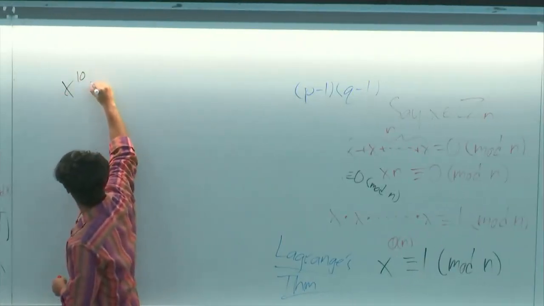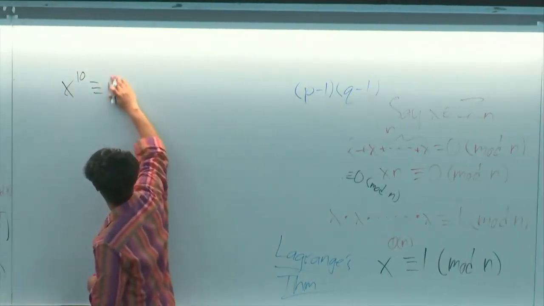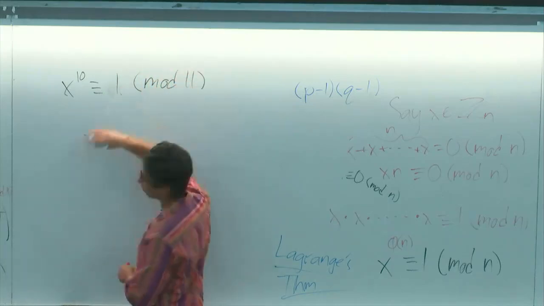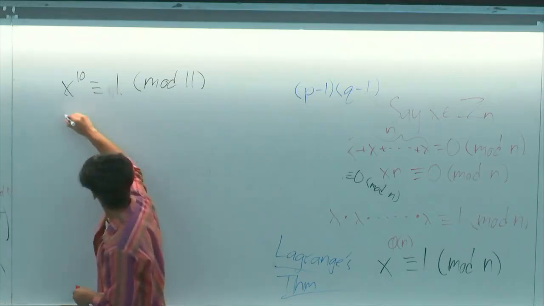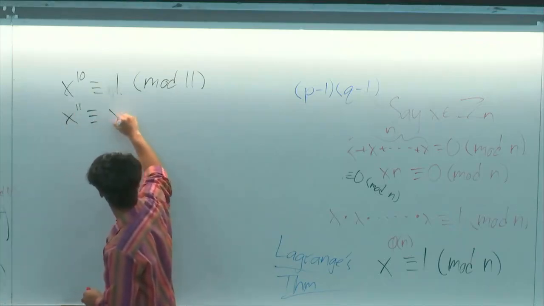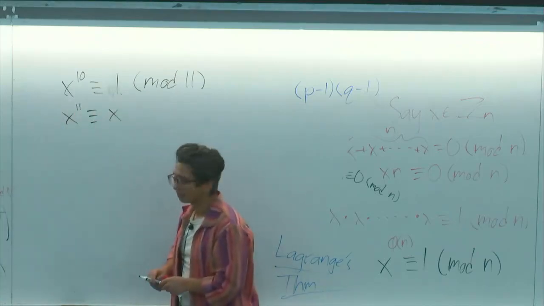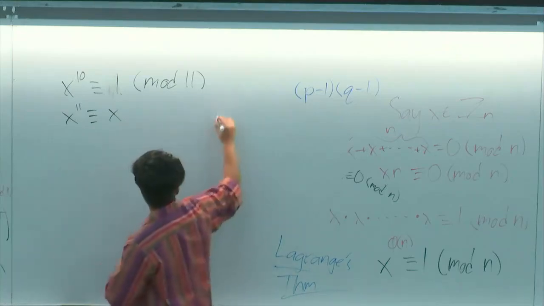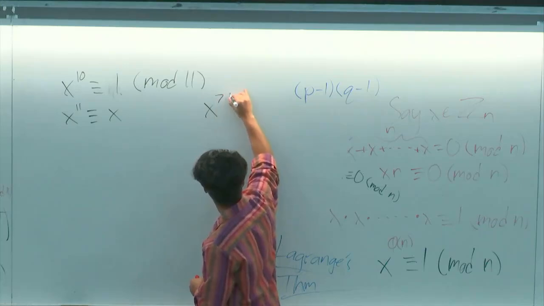Because we have x to the 10 is congruent to 1, we're just going to rewrite what we wrote over there to make more sense of it. We have x to the 11 is congruent to x. And what we're trying to do, again, is x to the 7 times d.